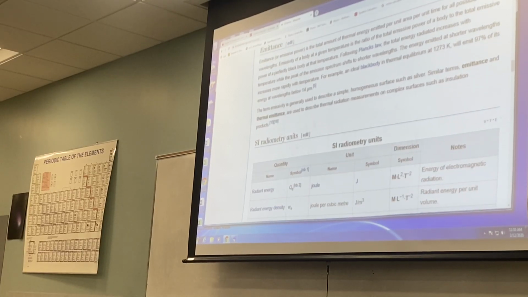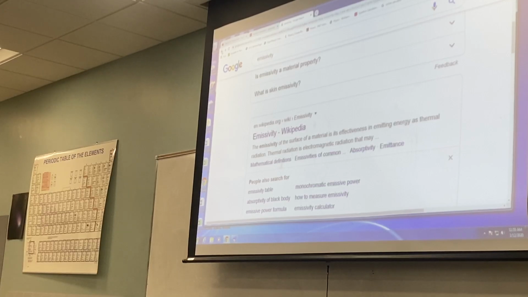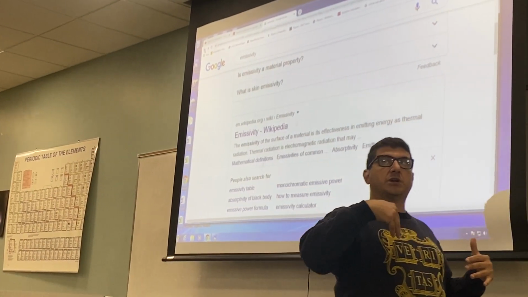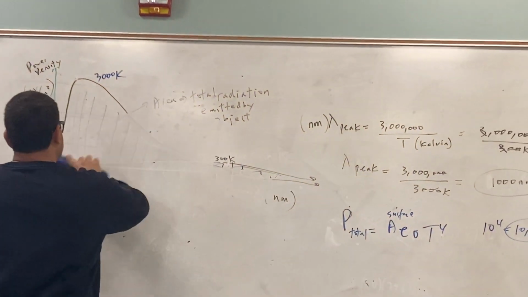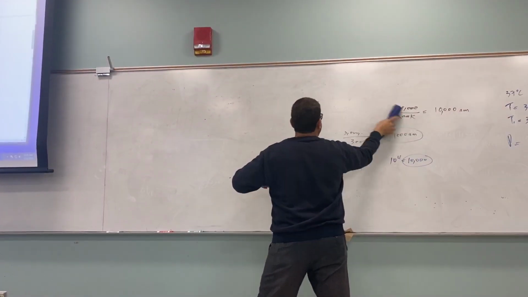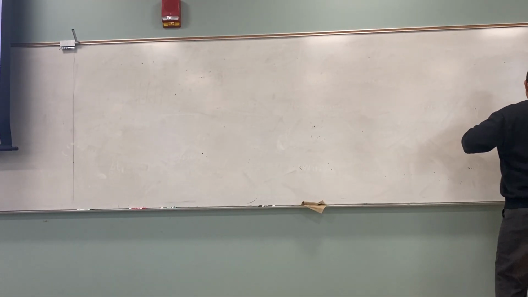Okay, so if you're emitting and absorbing, it depends on your emissivity. If your emissivity is high, you're emitting a lot of radiation, and you're also absorbing a lot of radiation. Okay, so the overall equation then looks like this.